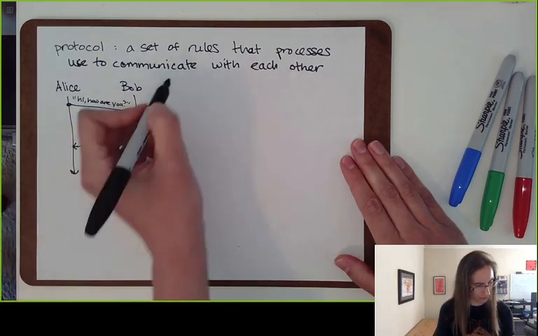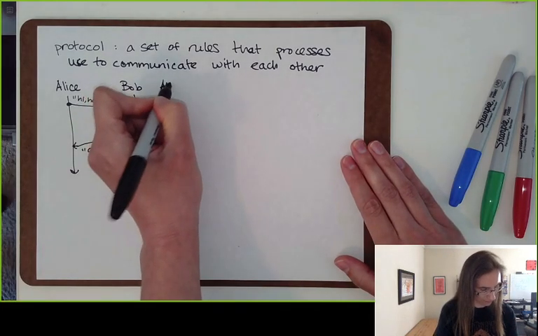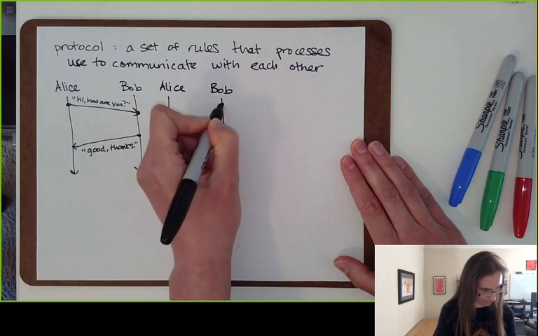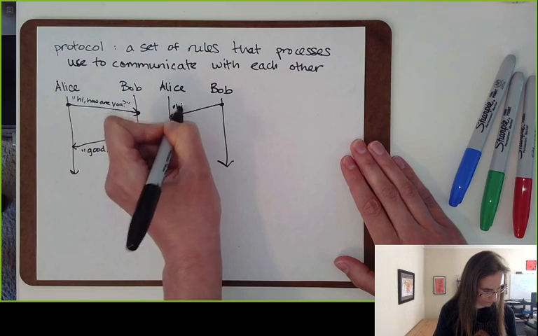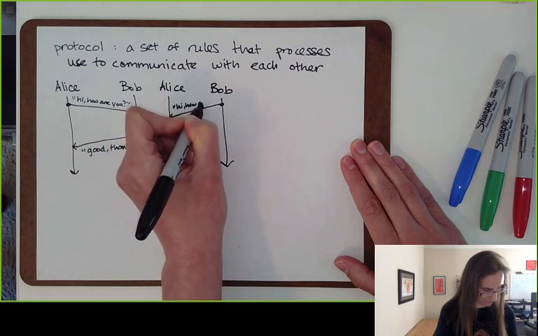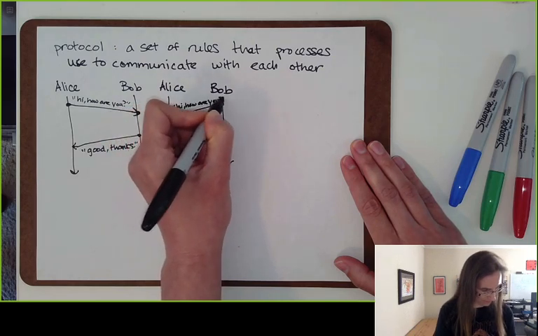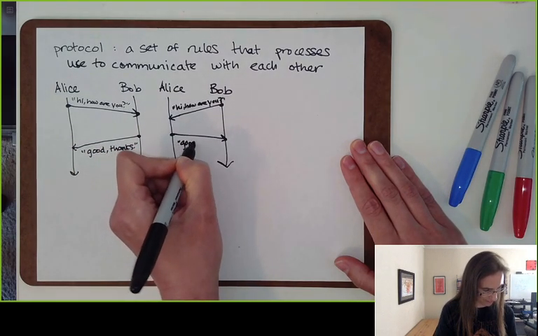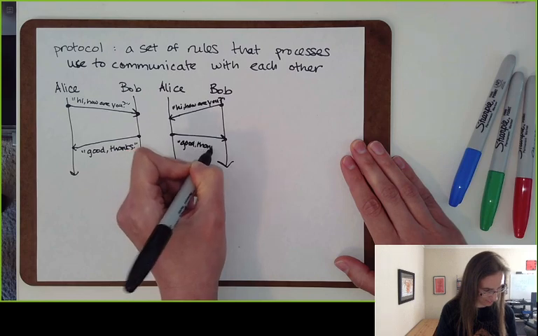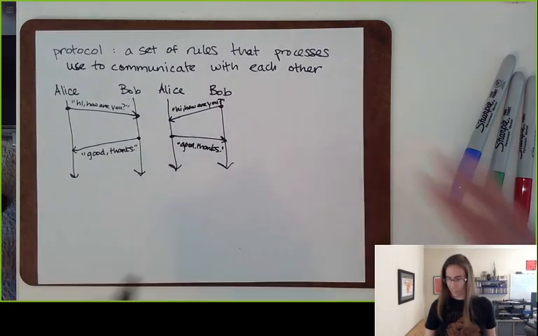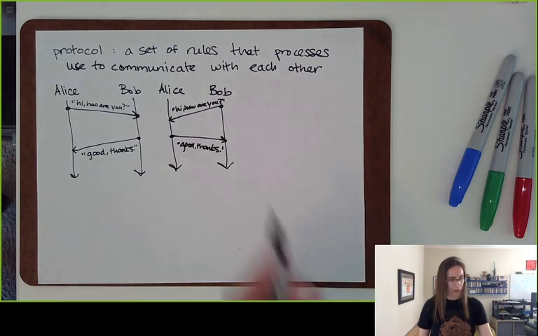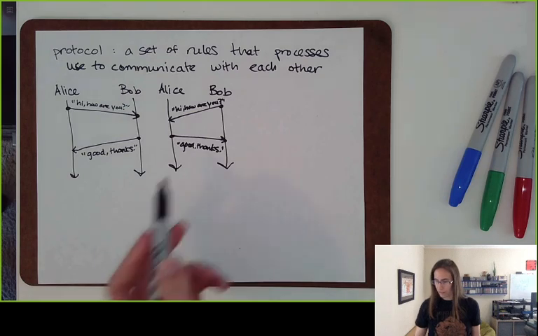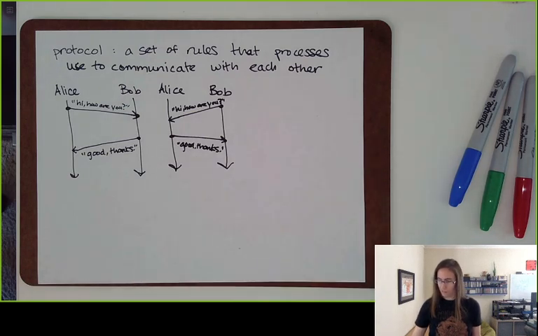Here's another run of the protocol. This time, it's exactly the same, except Bob was the one who initiated the protocol. So these are both valid runs of that protocol that I just described.